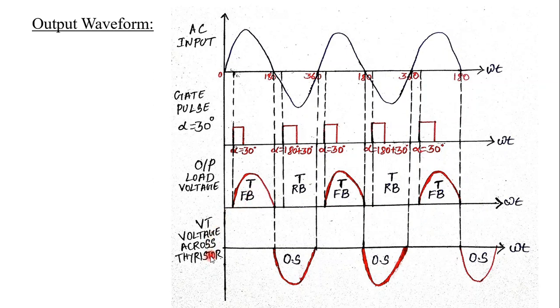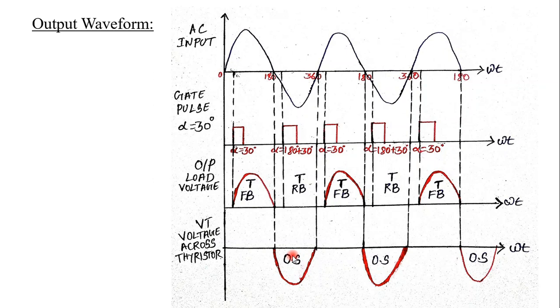The voltage across the thyristor is just the opposite of the output load voltage. When the switch is open, at that time only the thyristor has the voltage. So every time in reverse bias only, the thyristor takes the voltage.